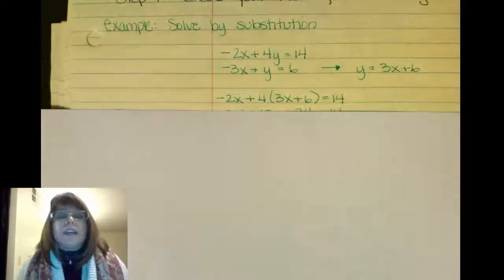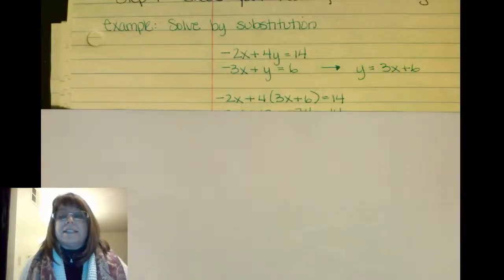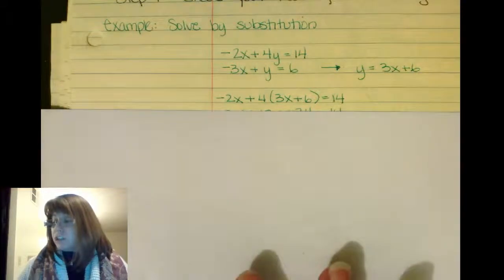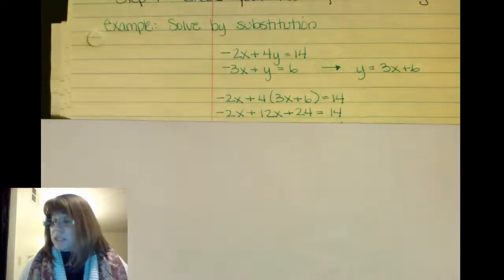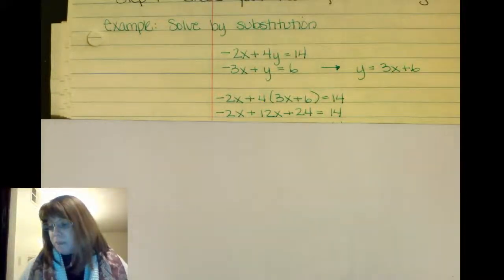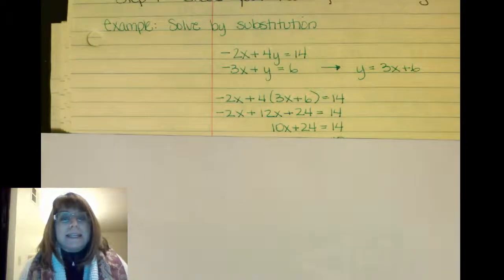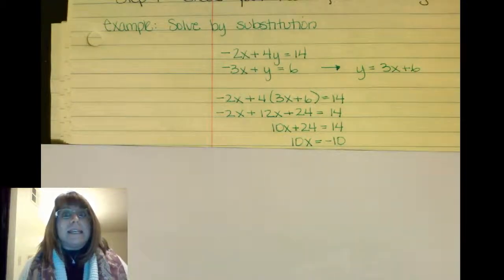So I have negative 2x plus 4 times the quantity 3x plus 6 equals 14. Distribute the 4 across. So I have negative 2x plus 12x plus 24 equals 14. Combine like terms. 10x plus 24 equals 14. Subtract 24 from each side, leaving me with 10x equals negative 10.